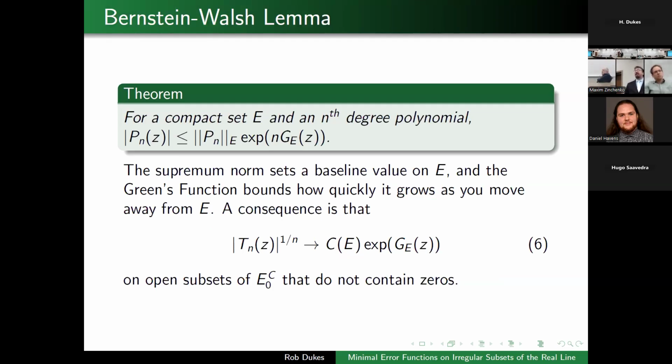So I'm going to give a rundown of the proof here, and this is where we get a little more advanced, but I like the Bernstein-Walsh lemma. It's a really nice piece of work.